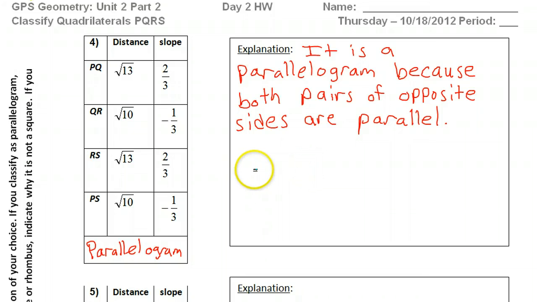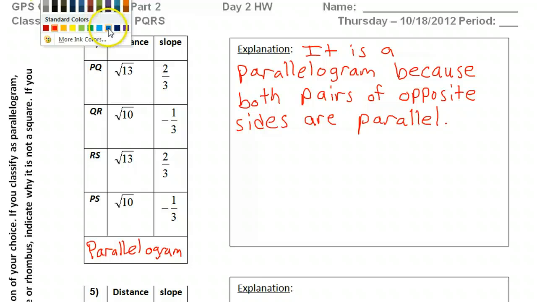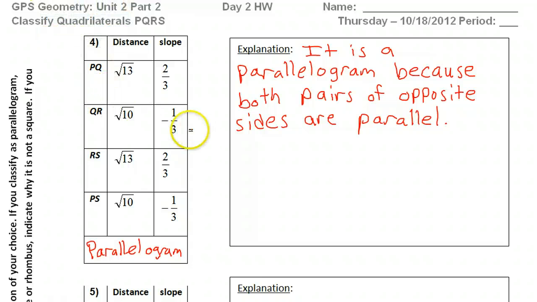Now, we also have to say why it's not a rectangle and not a rhombus. We could write that in words, or we can just indicate that on the chart. Here's how you would indicate it on the chart. Let's start with why it's not a rhombus. If it were a rhombus, all four sides would be congruent.